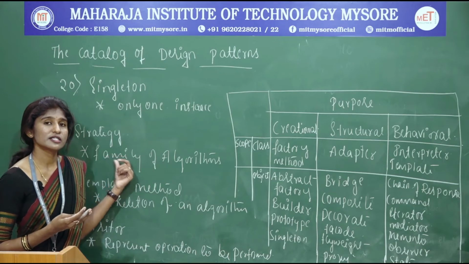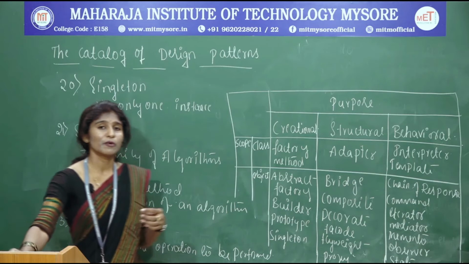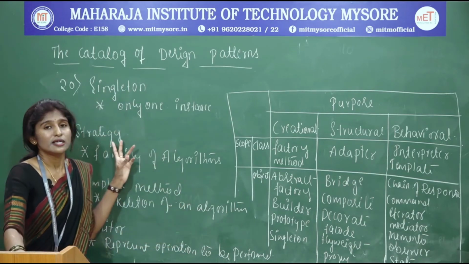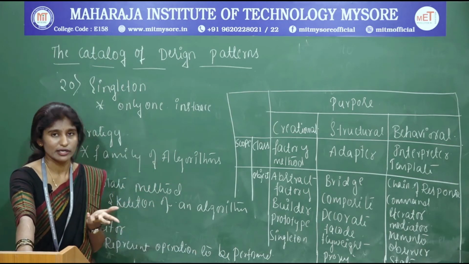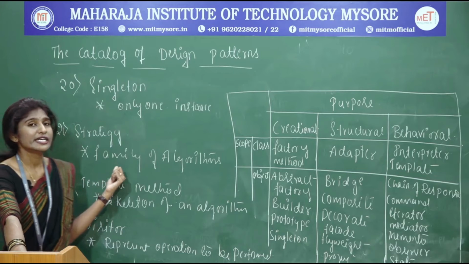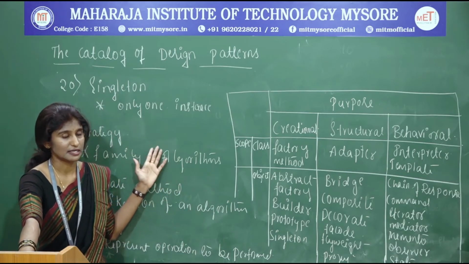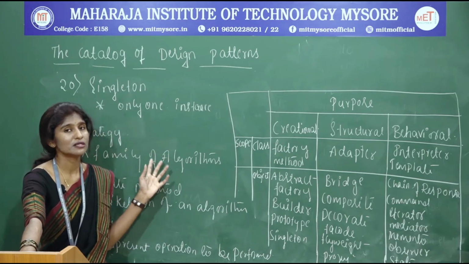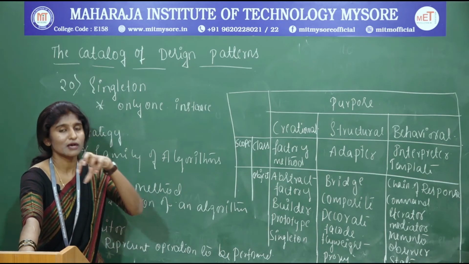If you request some other algorithm which is already used, or a modern trend algorithm, everything is maintained by this strategy design pattern, and it gives you the solution using those algorithms. That is why it contains a family of algorithms. All the algorithms are maintained with this strategy design pattern, so it enables you to go with the implementation by picking a neat algorithm from that family.